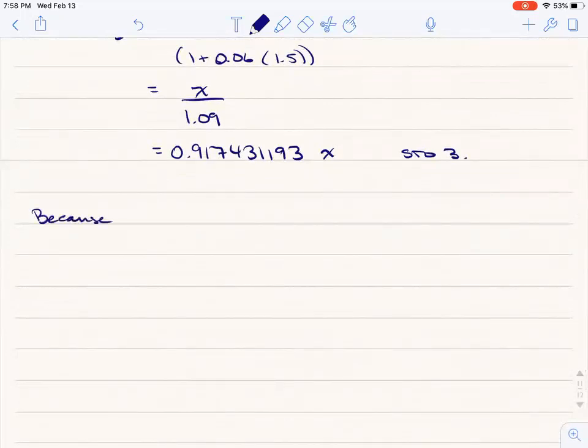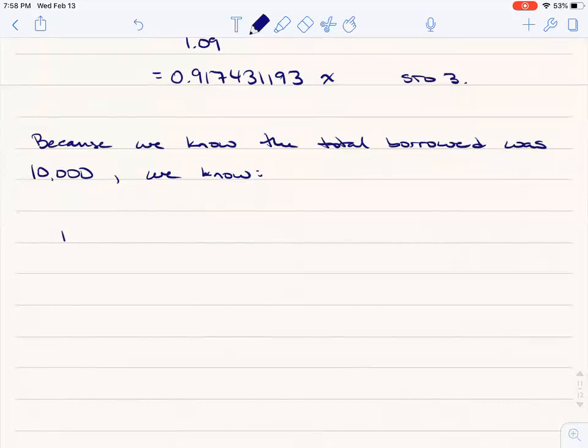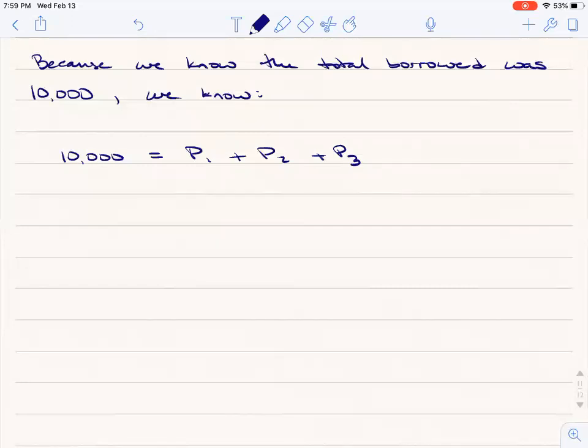Because we know the total borrowed was 10,000, we know that 10,000 must be P1 plus P2 plus P3. So even though these are still in terms of X, we can still work with them.